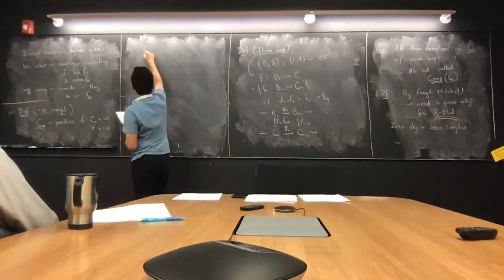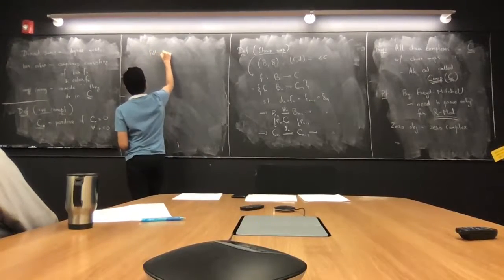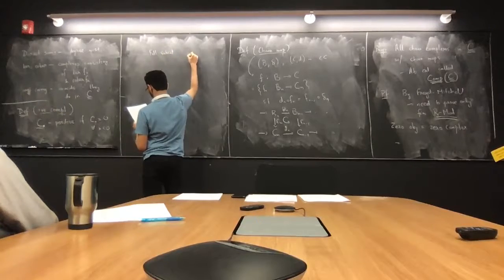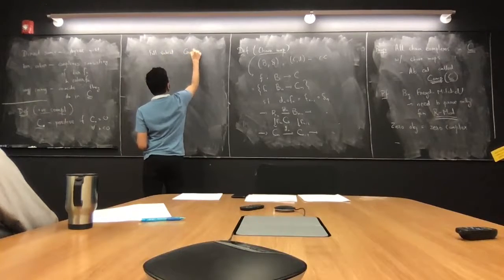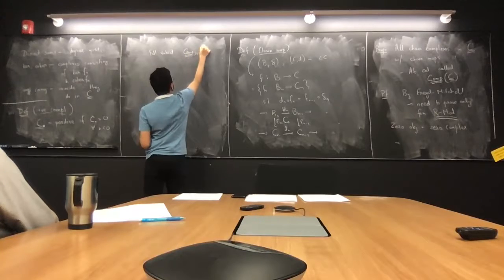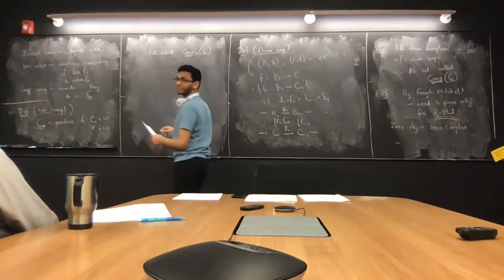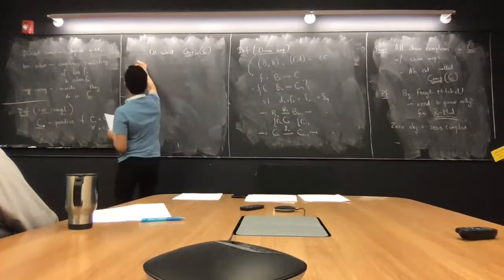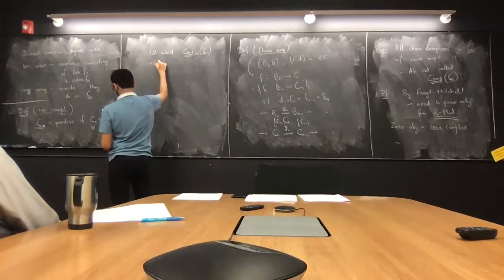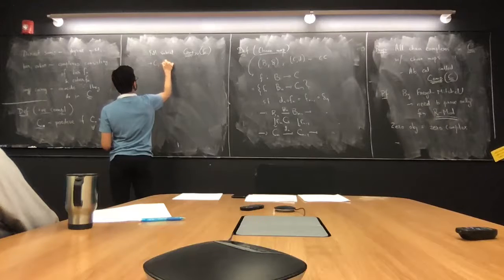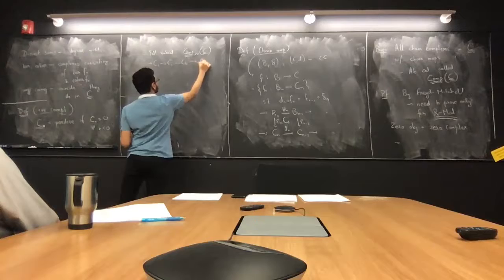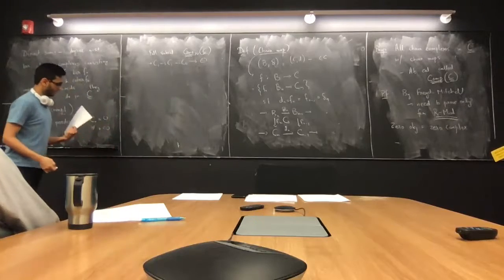Positive chain complexes form a full subcategory denoted by Comp_{≥0}(C), which is also abelian. So basically, you get chains of the type ... C2, C1, C0, and 0.